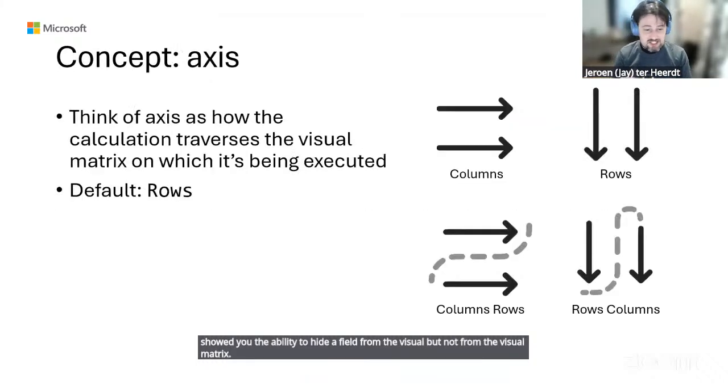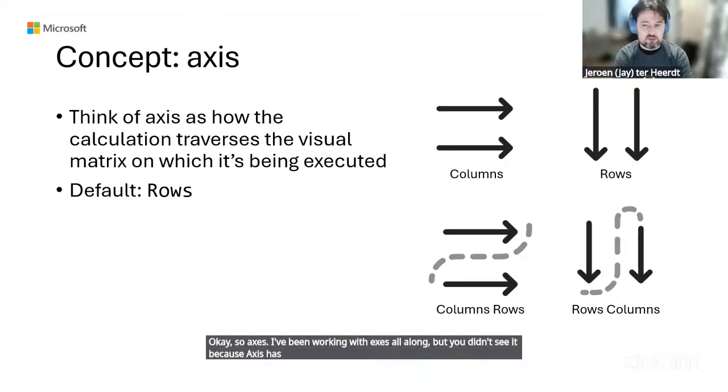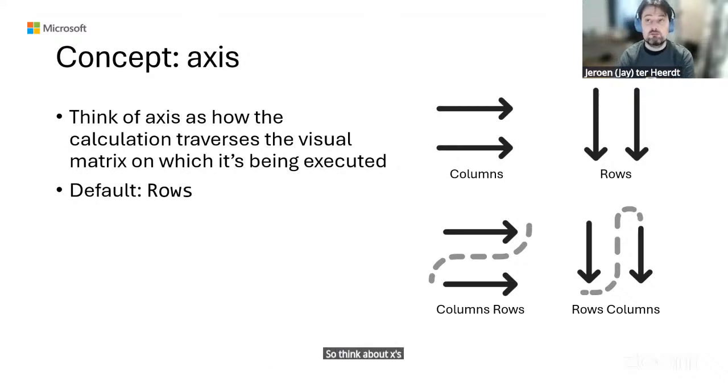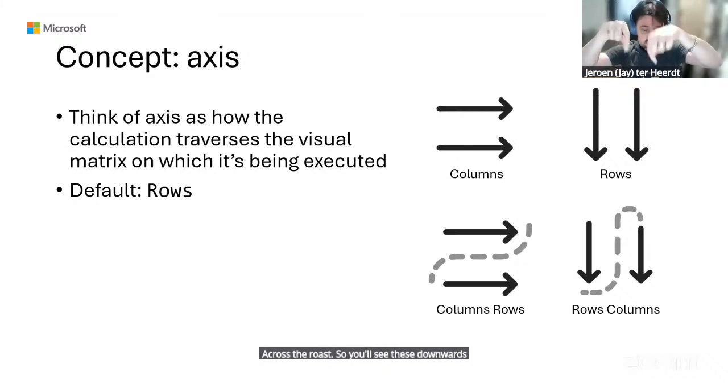Okay, so axis. I've been working with axis all along, but you didn't see it because axis has a default value and it's called rows. And we actually show you these icons in the product. So think about axis as how the calculation moves over the visual matrix. By default, it is set to rows, which means from top to bottom across the rows. So you'll see these downwards pointing icons in the product as well.